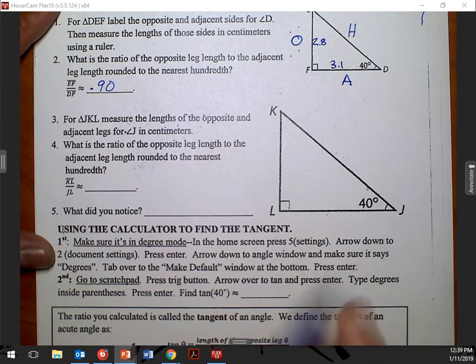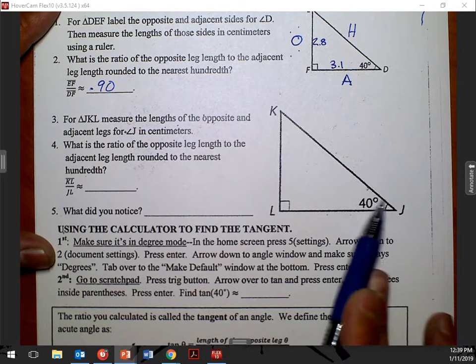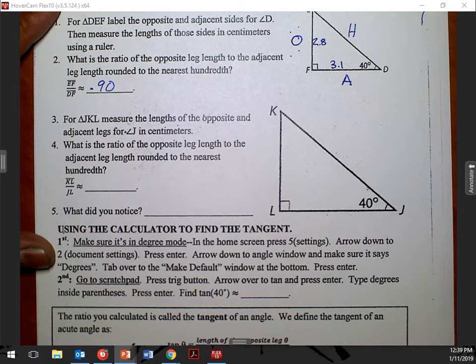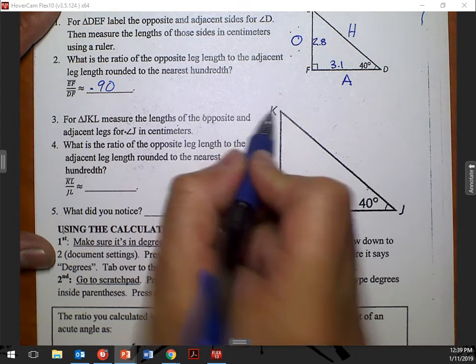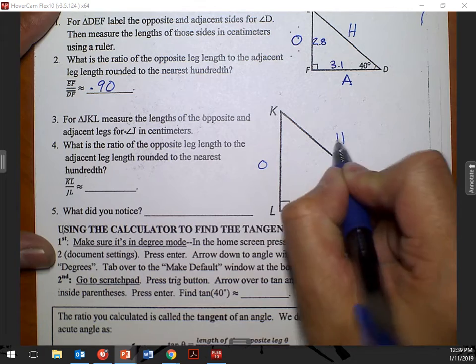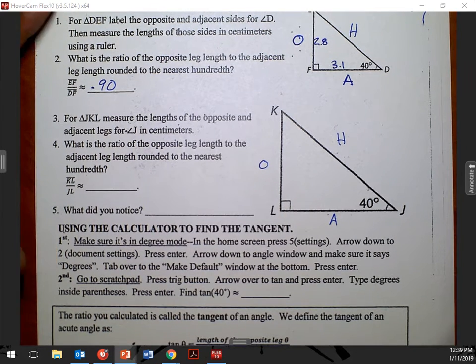That's the one that we want, because it says right here for angle J. Opposite would be which side? KL. There's opposite. I'm going to put an O there. Which one is adjacent? LJ. Very good. And that means KJ is the hypotenuse.